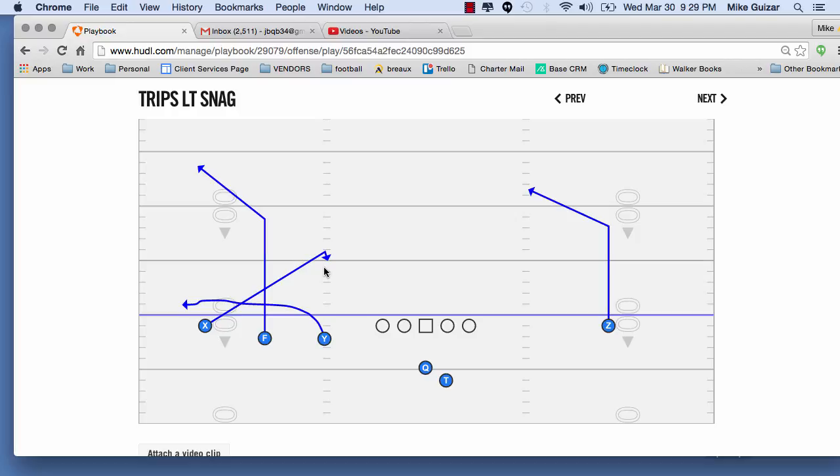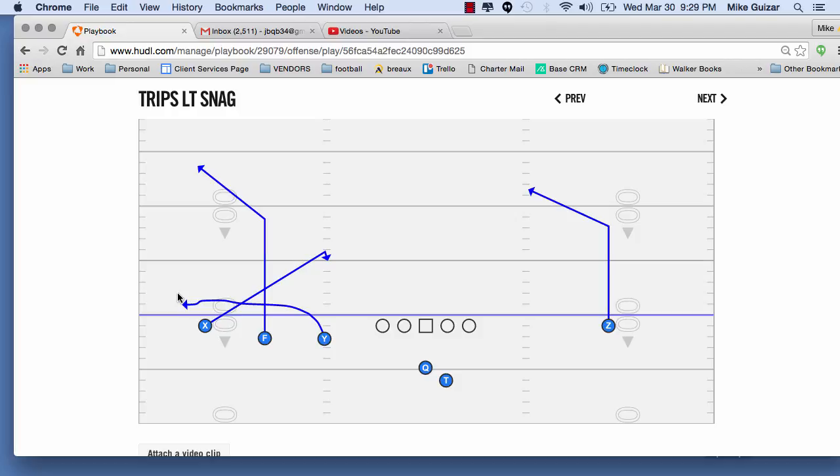So the snag concept is an outside guy running the snag route, the next inside guy running the 10-yard flag or corner route, and then the number 3 guy running a flat route. What this does is there's going to be an outside backer probably lined up on the Y or the F. The quarterback will read him.